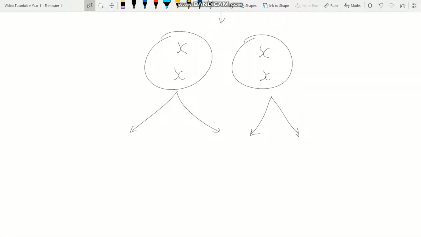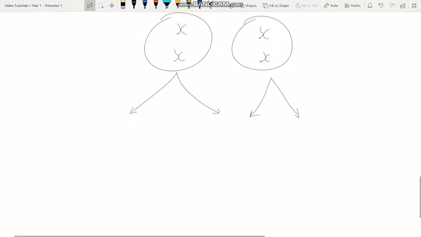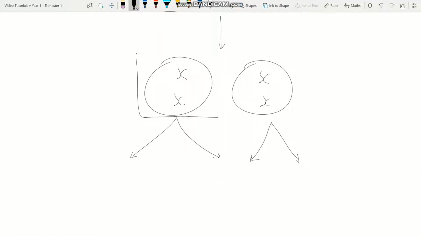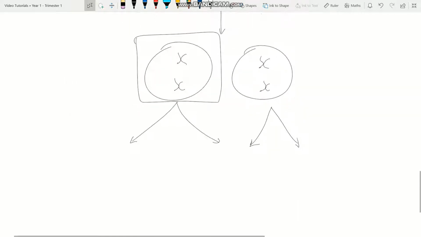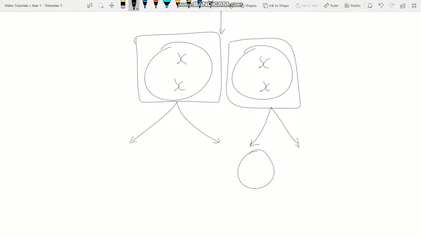haploid cells forming. So say, for example, we chose this cell that undergoes non-disjunction. So in terms of this cell, 2 haploid cells will form properly. And say, for example, this chromosome doesn't separate properly.